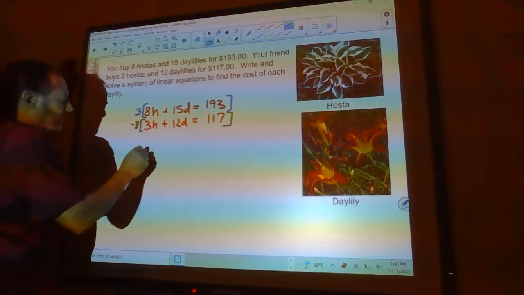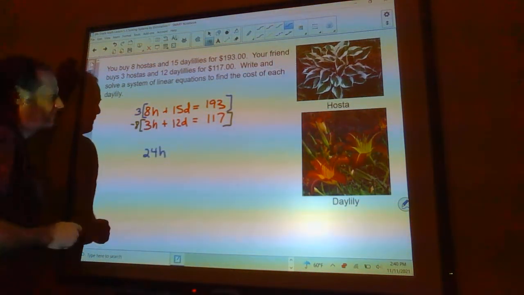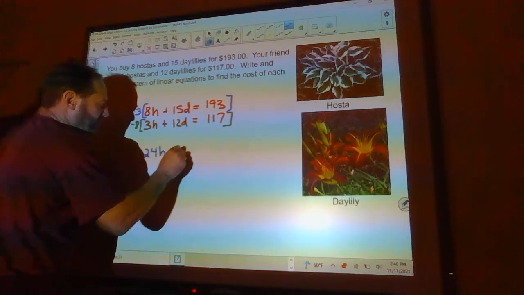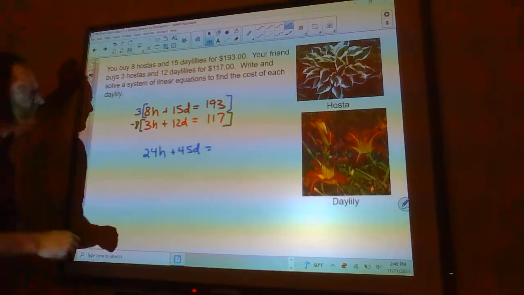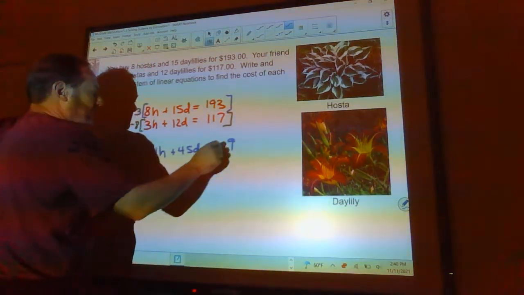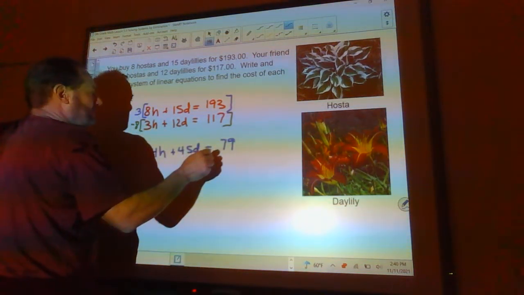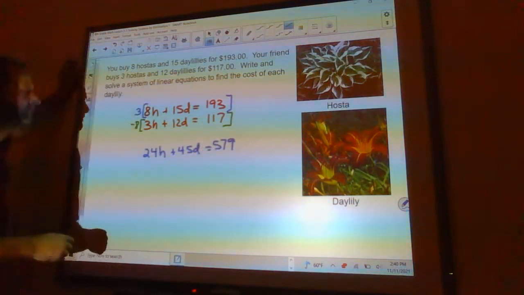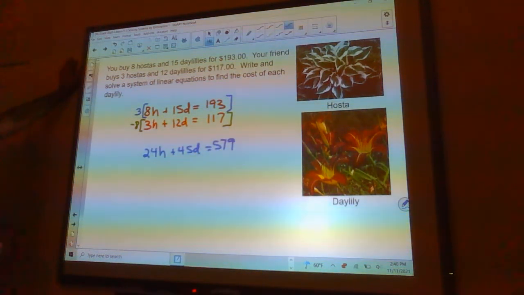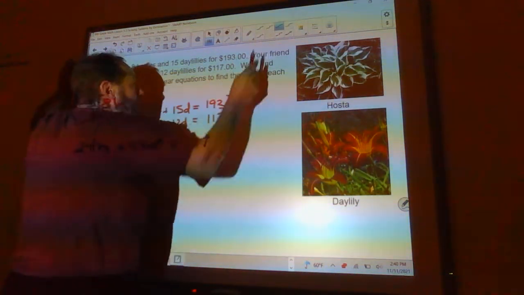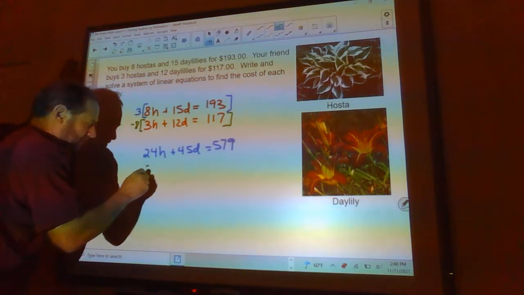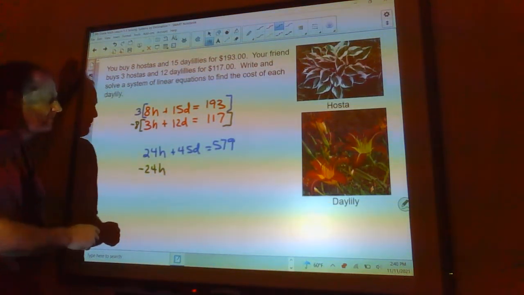So this is going to be 24h plus 45d, that's 9, that's going to be 27, it's going to be 579. 9, 20, yep, okay. Now this one, it's going to be -24h, so my h's are going to go away.